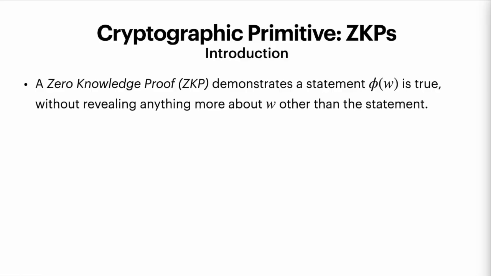W is often called the witness, and that is the private stuff. It could be multiple variables. You can also provide public inputs if you want as variables to your statement. And the key thing is you can prove honest computation without revealing the inputs. So it is a very powerful thing.